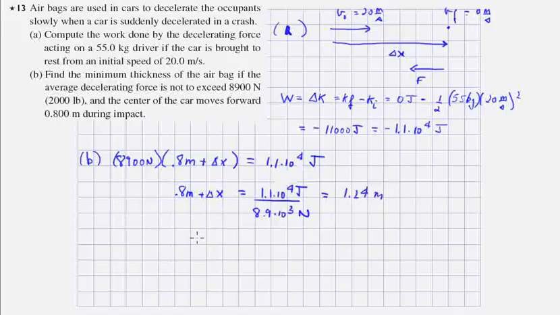And so delta x is equal to 1.24 meters minus 0.8 meters. In other words, it's equal to 0.44 meters. That's the minimum thickness of the airbag in order to achieve the design goal here.